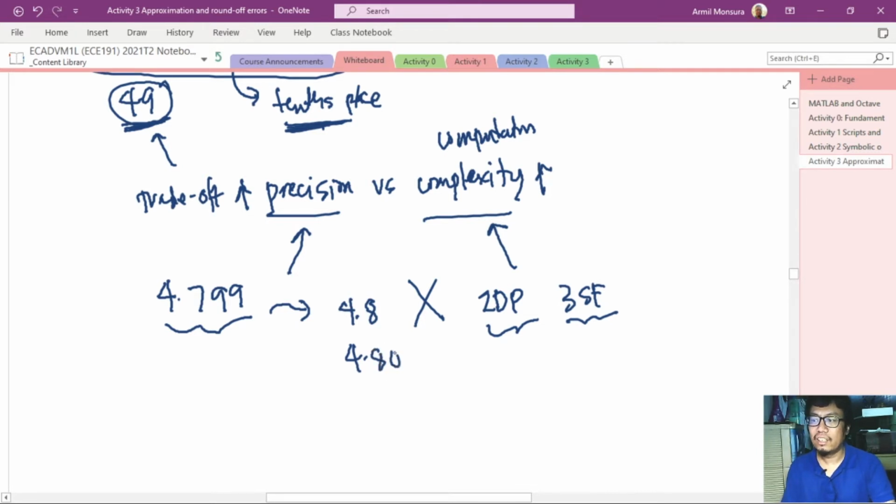Now, placing a 0 here means that your number is actually uncertain at this digit. This could have been 0 or that could have been 9. Nagkataon lang that in this particular case, you made it 0 because the number to the right of this place value is 9.